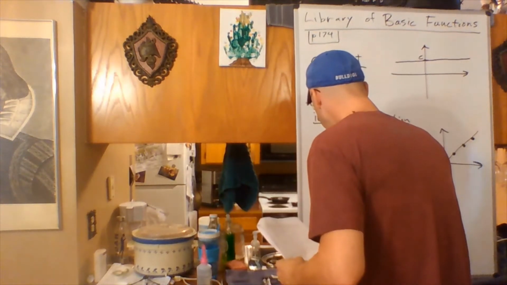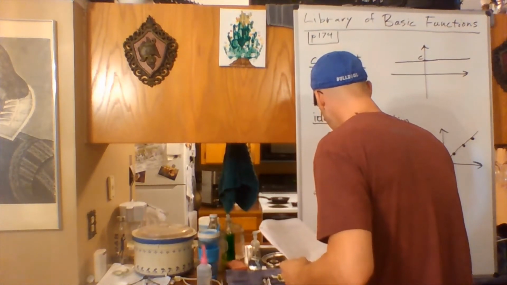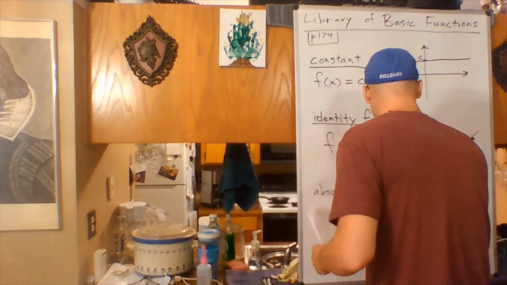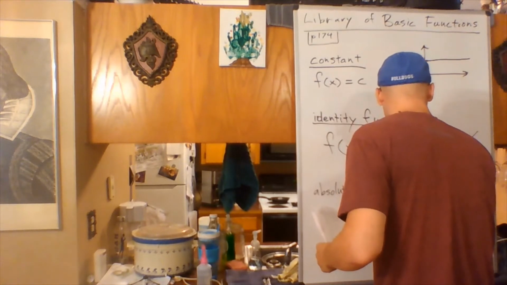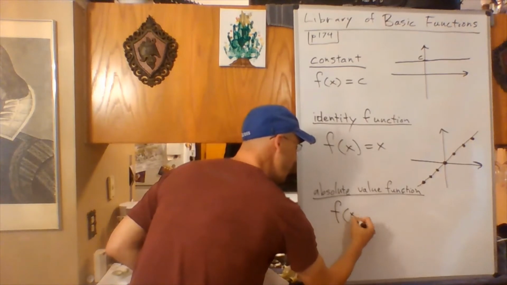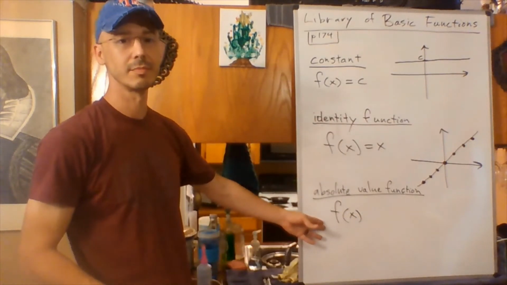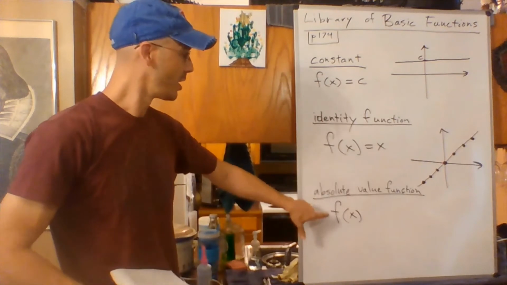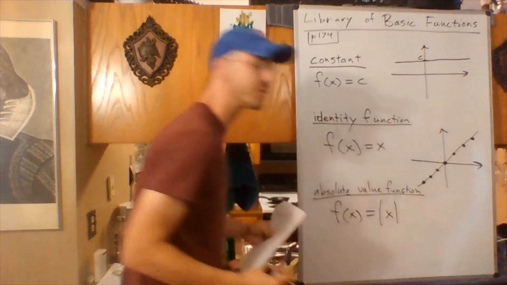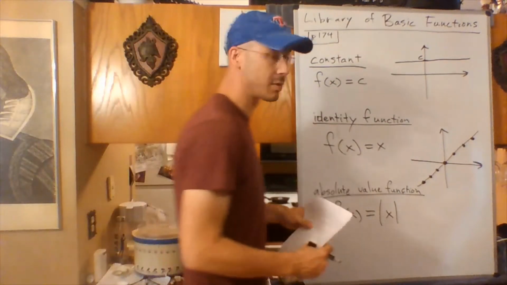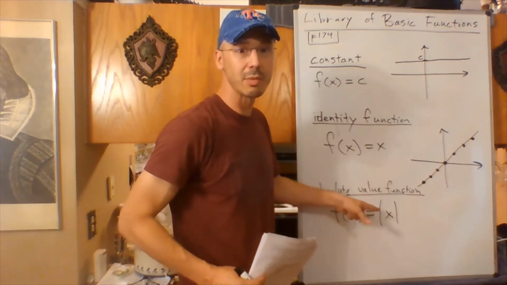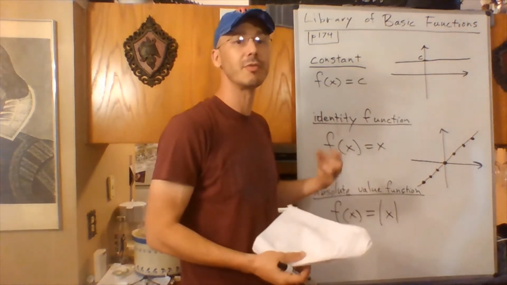The next one we'll look at is the absolute value function. And that formula, f for function, I call them all f, but this function is defined by the formula f of x equals the absolute value of x, which is actually, if x is a positive number, then the absolute value of x is just x, like the absolute value of 5 is 5.